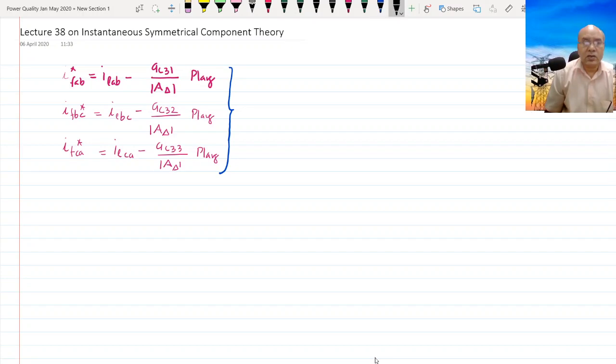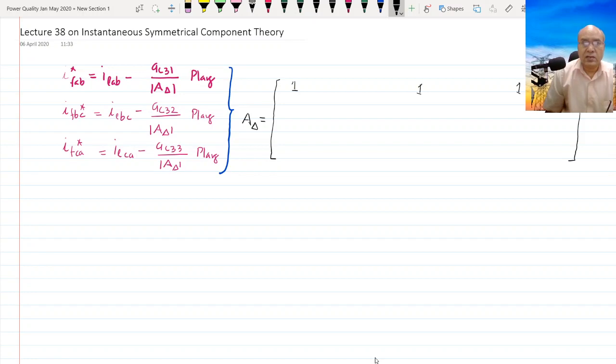I'll write here once more. The matrix A delta was defined as, from the three conditions we got from the previous formulations. Remember, the first row is 1, 1, 1. Then you have the second row, which consists of the voltage elements.